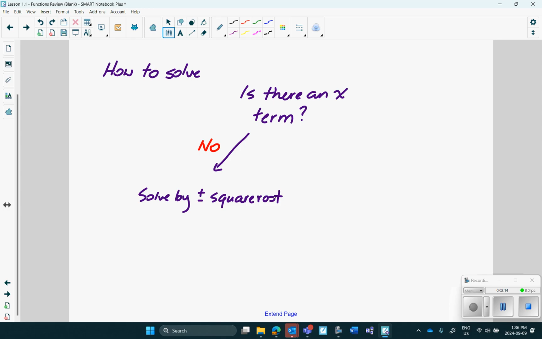So as an example, if I gave you this, x squared minus 7 equals 0. That's a quadratic equation. Does one of the terms also have an x in it? No, it does not. So we want to get the x squared by itself, and then just take the plus minus square root.